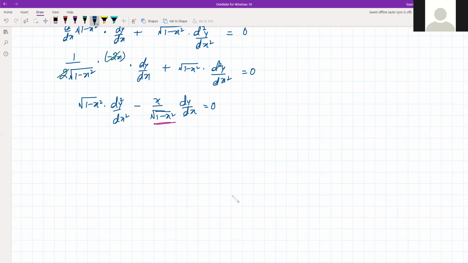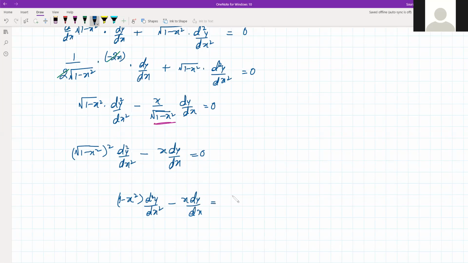So that will be 1 minus x square whole square d square y by dx square minus x dy by dx is equals to 0. So this is what we actually had to prove. What we had to prove was this: 1 minus x square d square y by dx square minus x dy by dx is equals to 0.